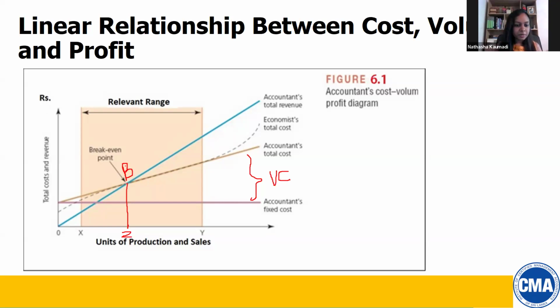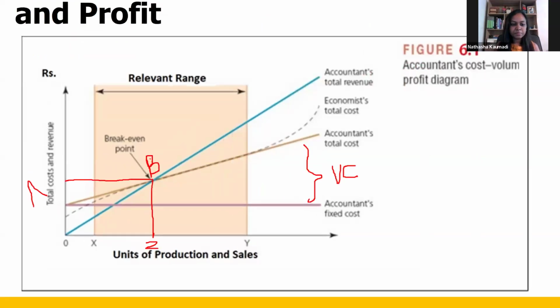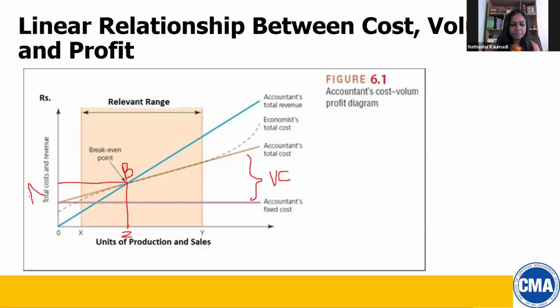How do you interpret this line? Let's say A. How do you interpret A? A is revenue, total cost and revenue.